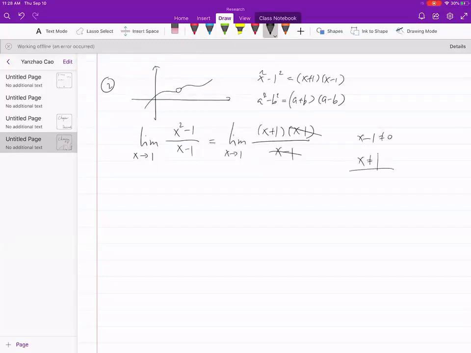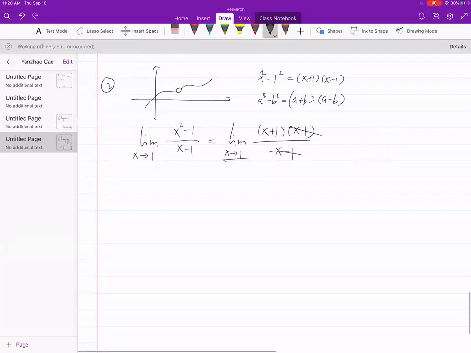Well, x goes to 1. Does it mean x is 1? Not really. It means x is close to 1. It can be 1.0001. It can be 0.9999, but it's not 1. As long as you are not 1, this is not 0. Then we are okay to just cancel it out.